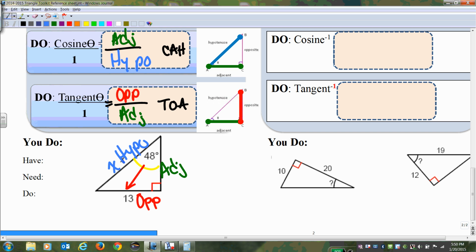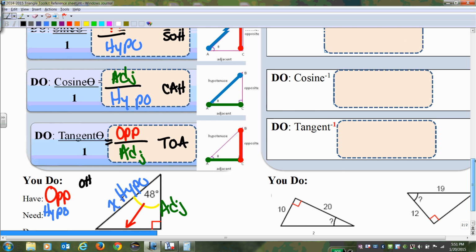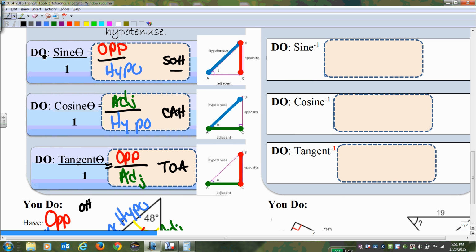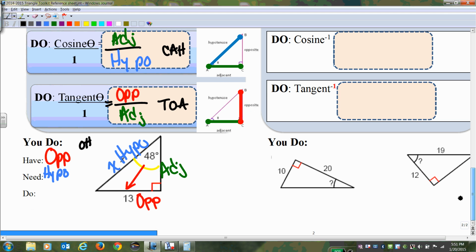So in this triangle, we have the opposite, and we want the hypotenuse, which is our x. We have an OH combo. You look up here, we know OH goes with SOH, so we copy exactly that down. Sine of theta over 1 equals opposite over hypotenuse.